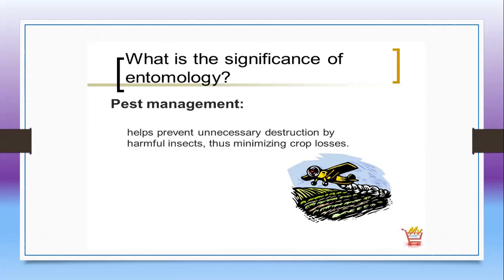This monitoring and identification removes the possibility that pesticides will be used when they are not really needed or that the wrong kind of pesticide will be used. So through this IPM, we know what kind of pesticide to be used.